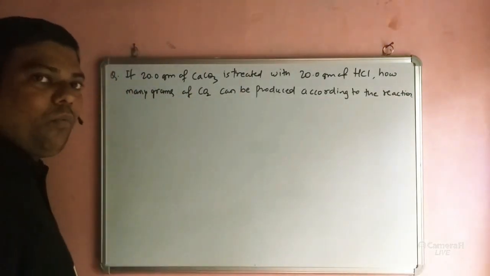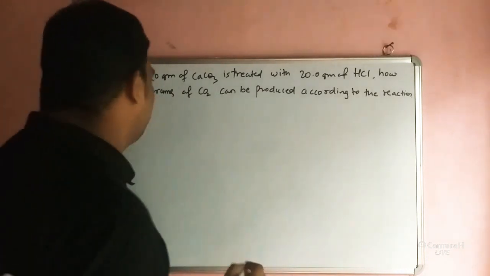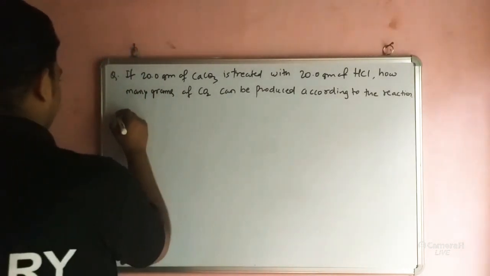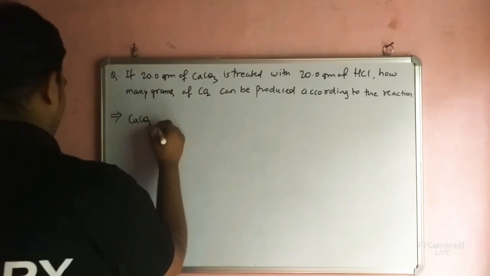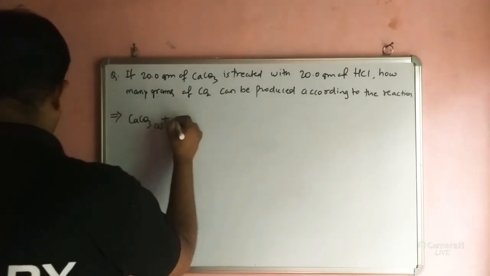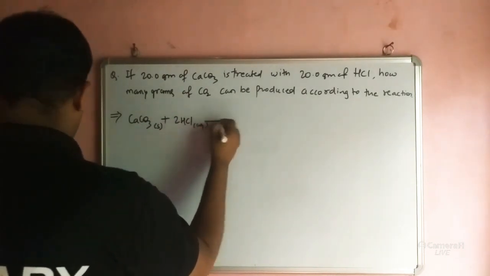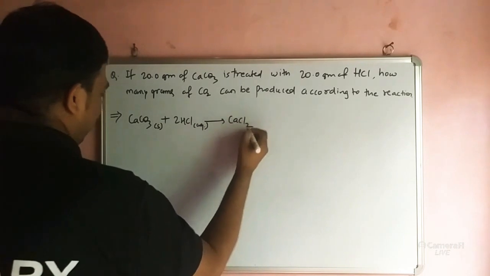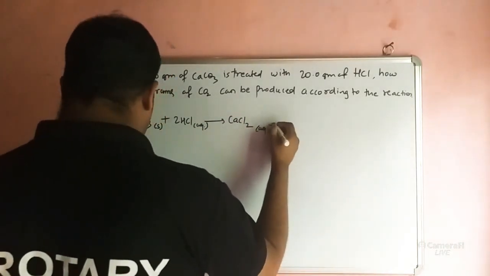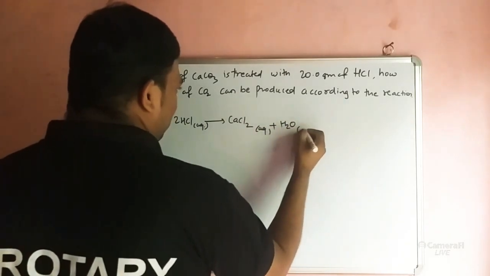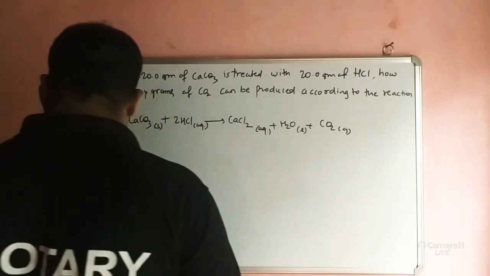See here, they gave the reaction. Concentrate. CaCO3 plus 2HCl aqueous gives CaCl2 aqueous plus H2O liquid plus CO2 gaseous.